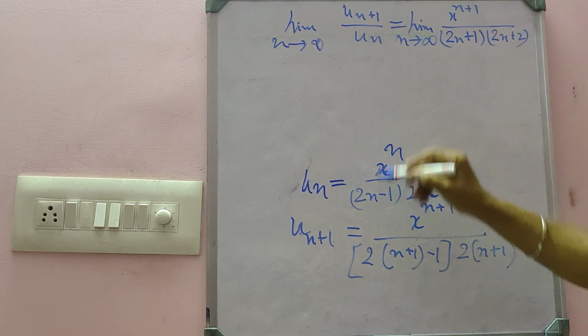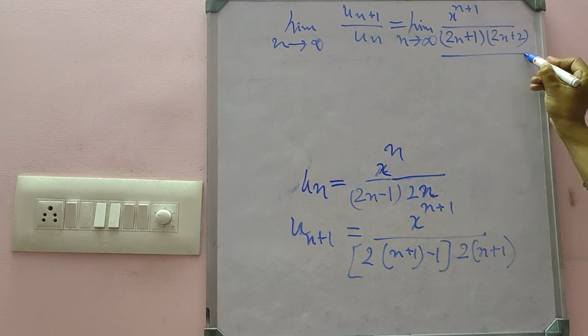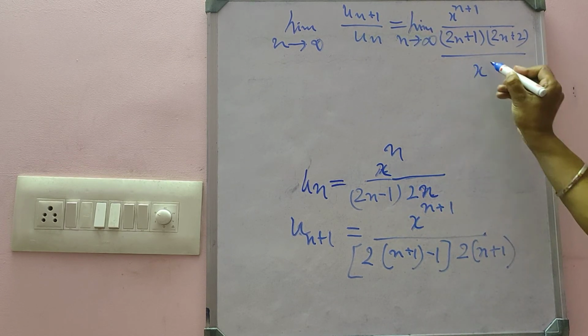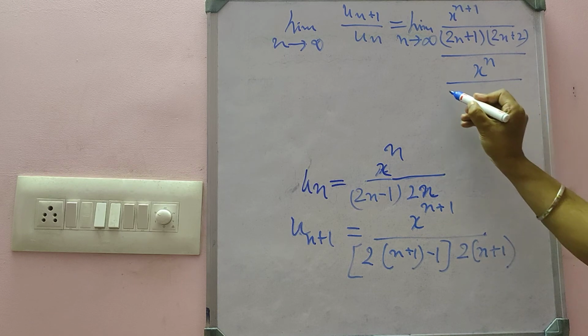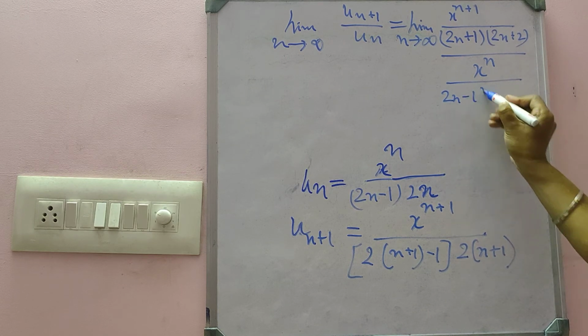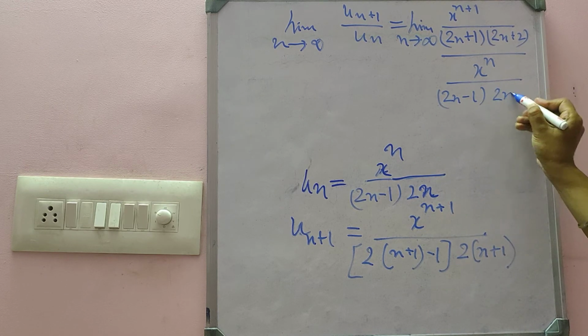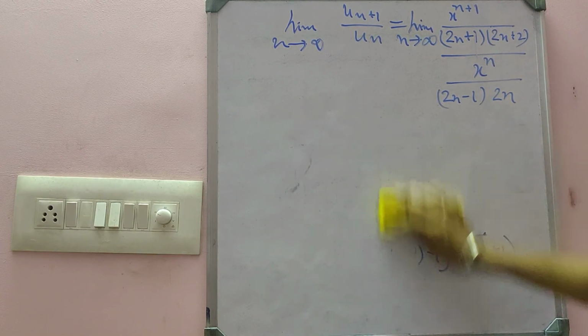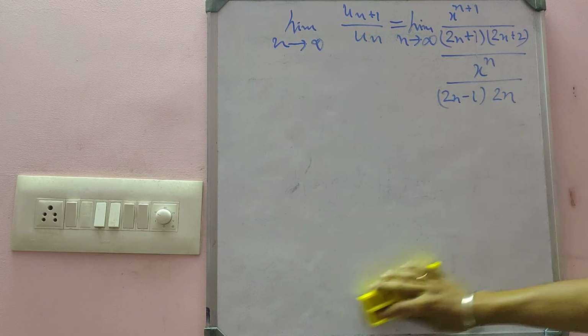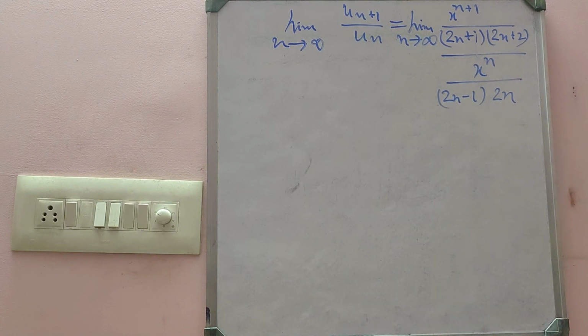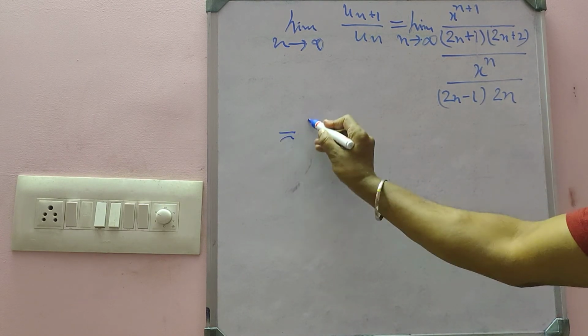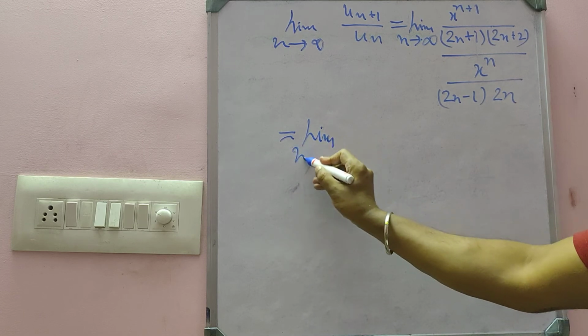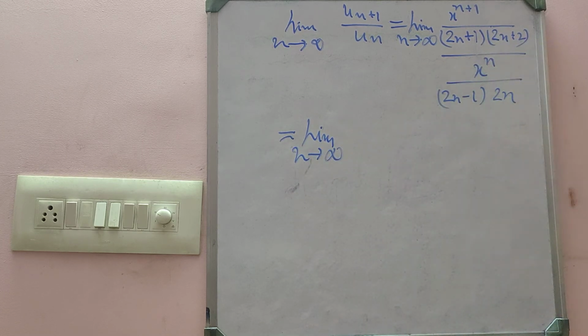This is your un plus 1, and now the un term, so x raised to the power n divided by 2n minus 1 into 2n. This part we will simplify.